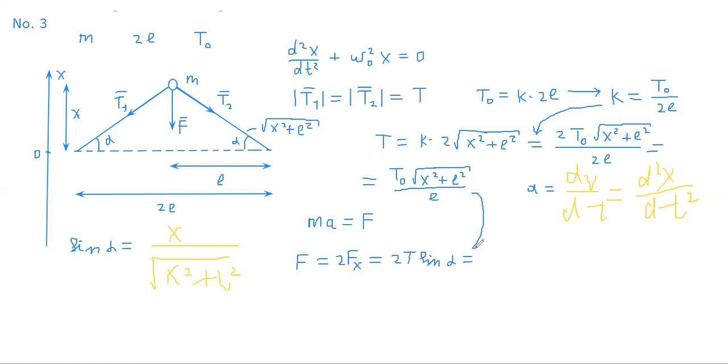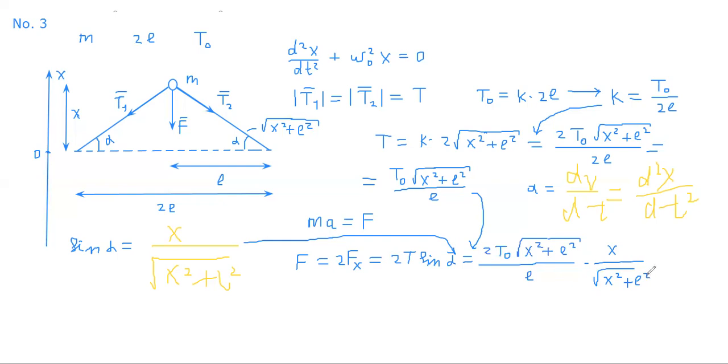So we can use this here and this here. From this we have 2 T0 times the square root of x to the power of 2 plus L to the power of 2, divided by L, multiplied by x, divided by the square root of x to the power of 2 plus L to the power of 2.